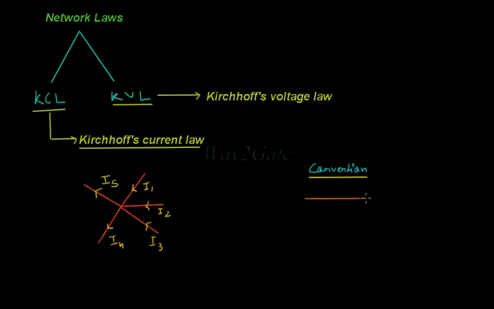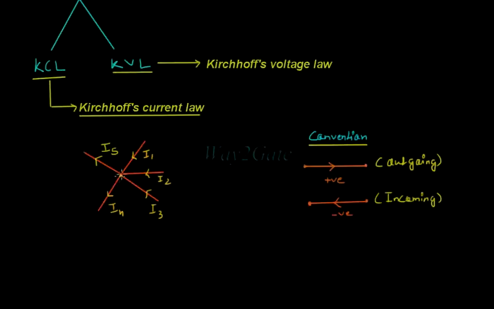Outgoing current is the current coming out of a node and is taken positive. The current going towards a node, that is incoming current, is taken as negative. This point is called a node, where two or more elements are connected.